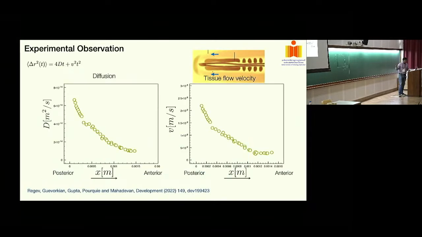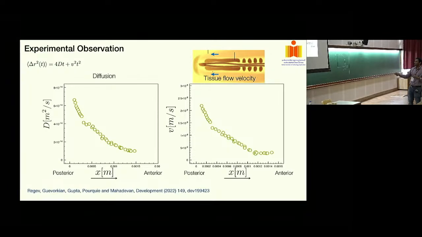So, the experimental observation which Saroj was asking about. Basically, one can track these cells in experiments, and from that one can look at the mean squared displacement, and from that one can extract diffusivity and velocity. Since activity is going down, the corresponding diffusivity also goes down. This is the posterior end, this is the anterior end.